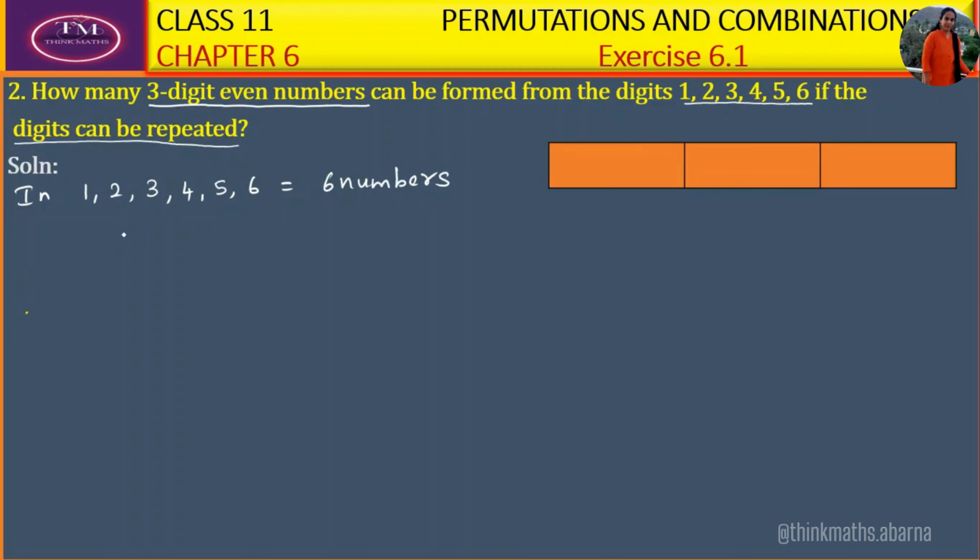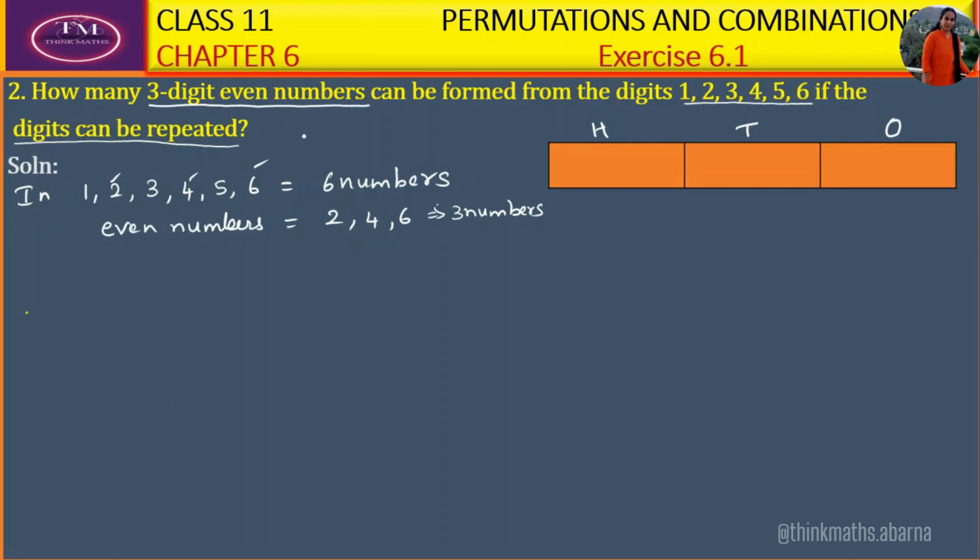We need an even number. What are all the even numbers here? 2, 4, 6. There are 3 even numbers. We need a 3-digit even number, so it has the hundreds place, tens place and ones place.